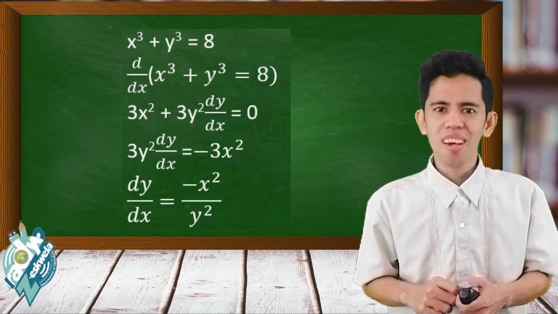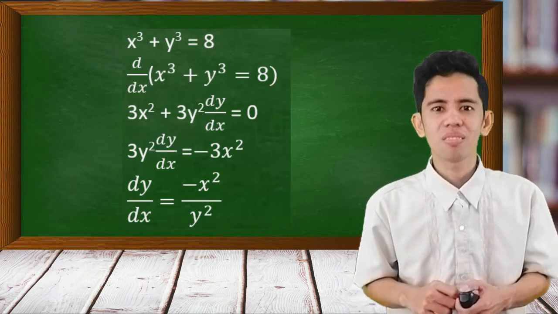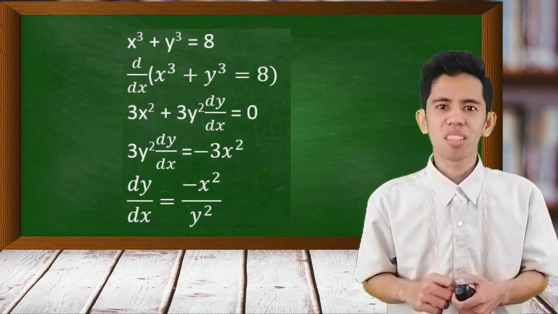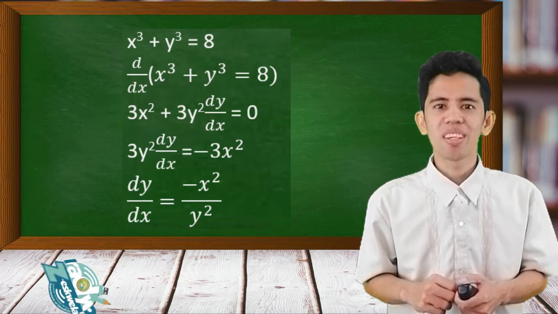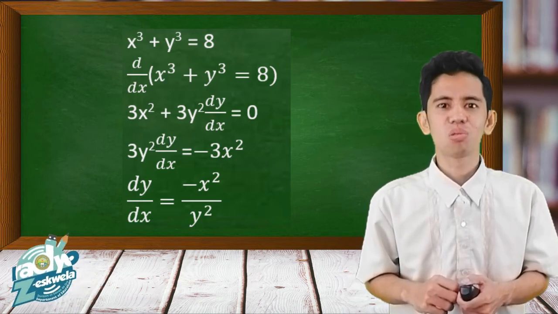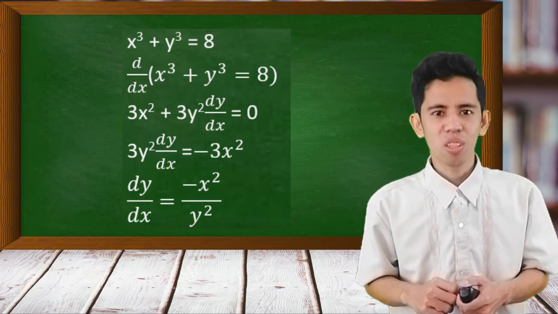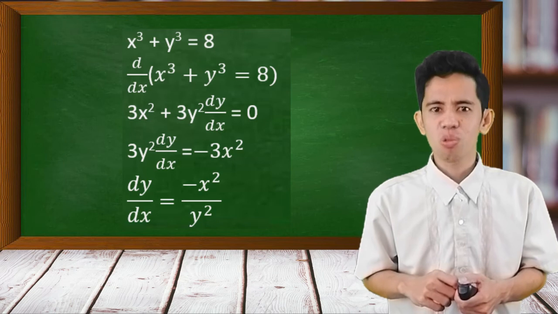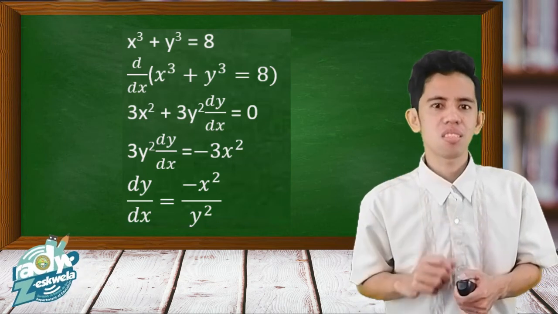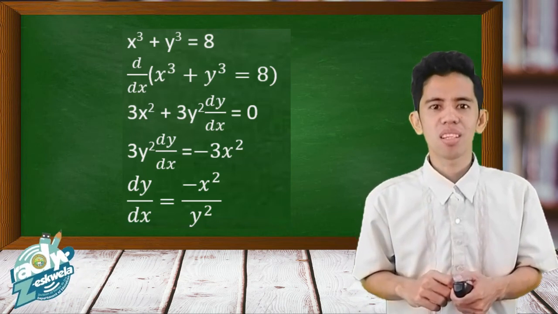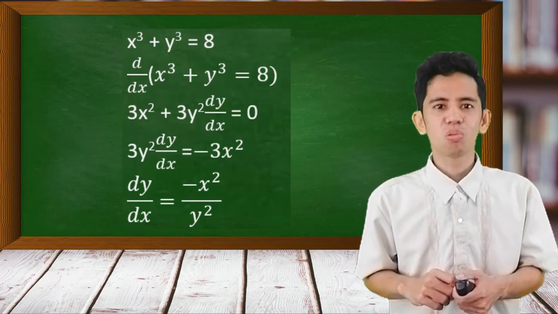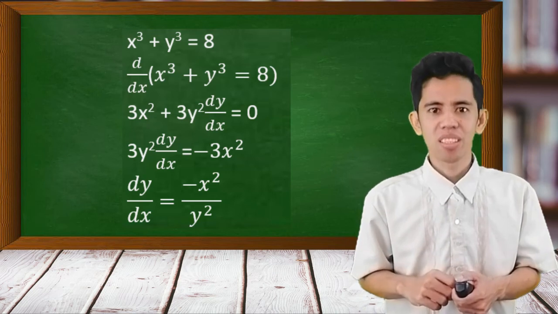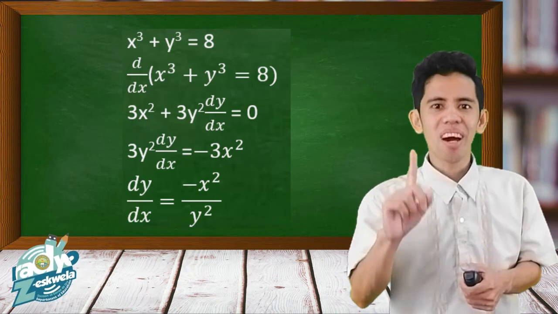Transpose 3x squared to the other side of the equation. We have 3y squared dy over dx is equal to negative 3x squared. Divide both sides by 3y squared and it yields dy over dx is equal to negative x squared all over y squared. Very good. You are right.